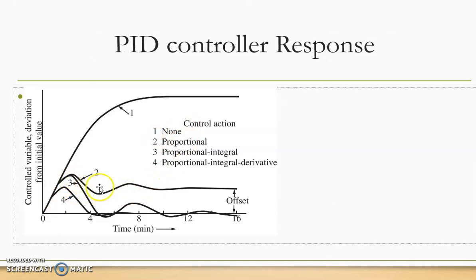The second curve, number 2, is for the proportional controller. For number 3 we are using the proportional integral controller, and this is the curve we got. Number 4 curve is related to proportional integral derivative.